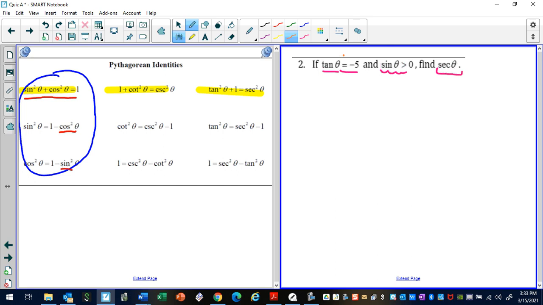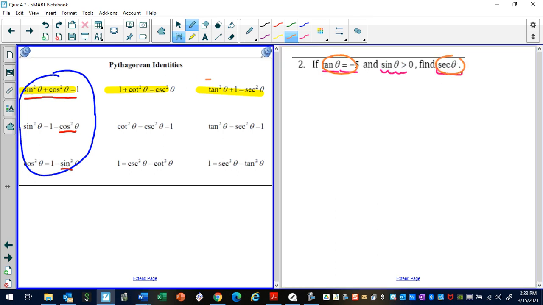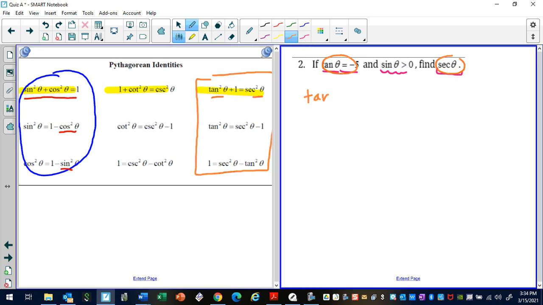Because I have tangent and I'm trying to find secant, I need to use one of these 3 identities because they relate tangent and secant together. I had a few people on their quiz try to use tangent as sine over cosine, which is totally true. Tangent is sine over cosine, but tangent is the simplified version of that.